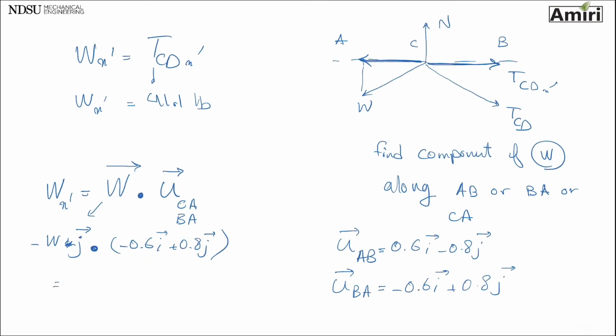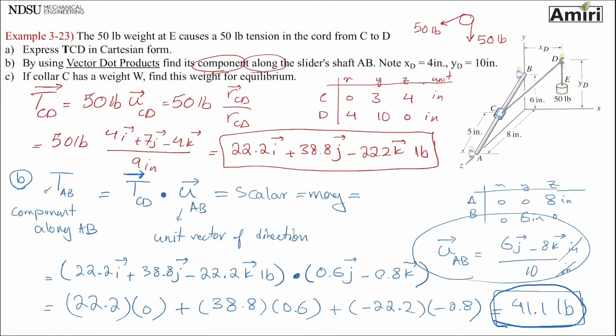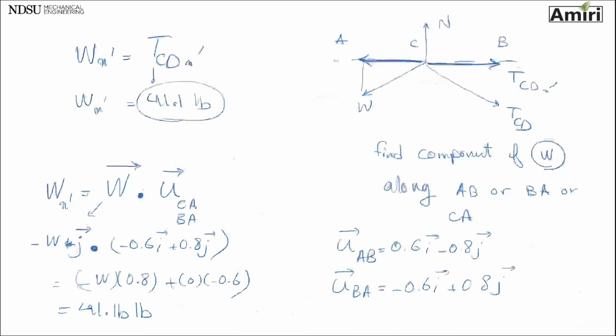This will result in minus W times 0.8 plus 0 minus 6, and this should be 41.1 pounds, right? Let me just make sure we got it quick. 0.6i, 0.8j, sorry about that.